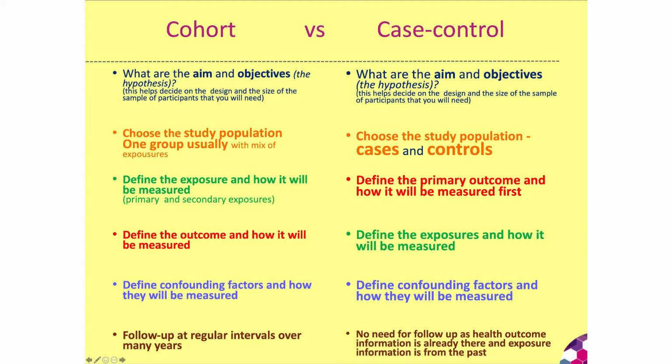In both studies, we define confounding factors and think about how we're going to measure them. And in cohort studies, we follow up the participants over time, but in the case control, we don't need to follow them up. We can do the study today, and we could be finished in 3 to 6 months, while we get all the information from all the participants.